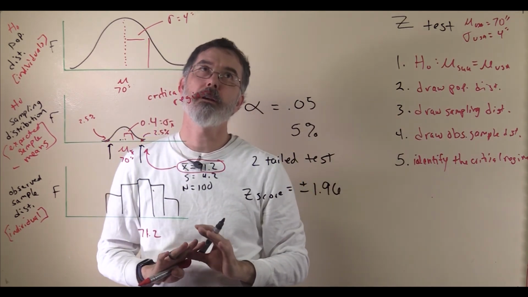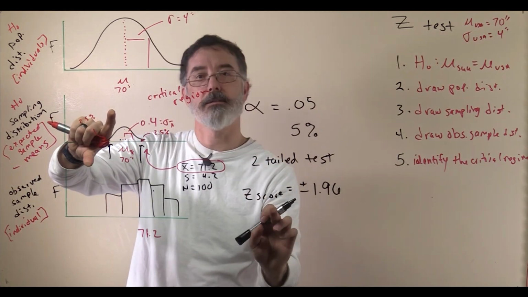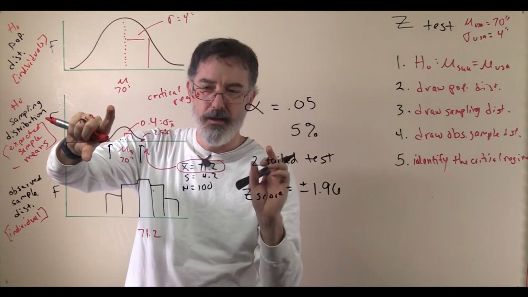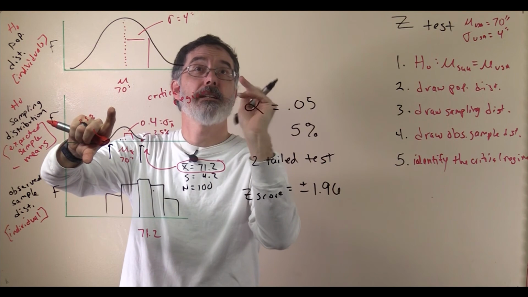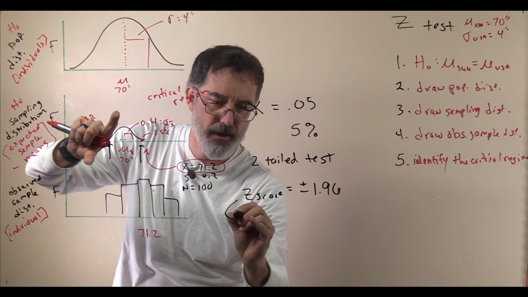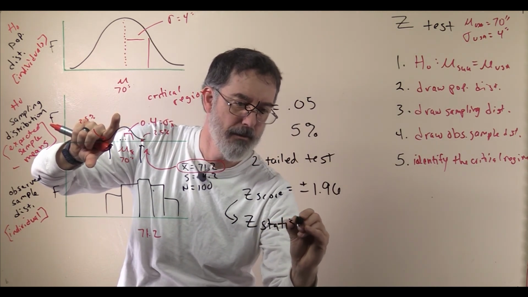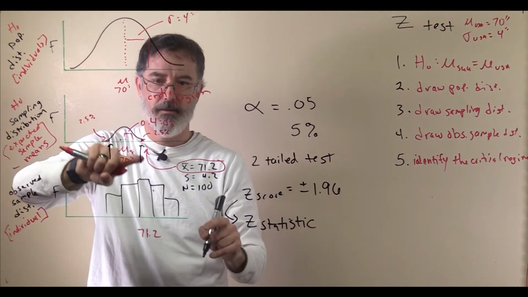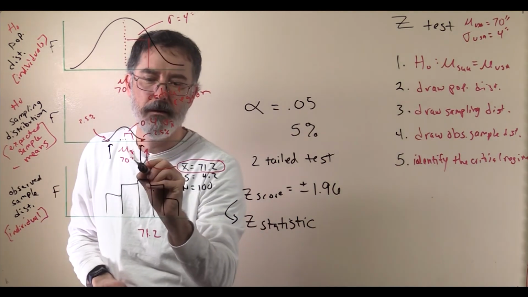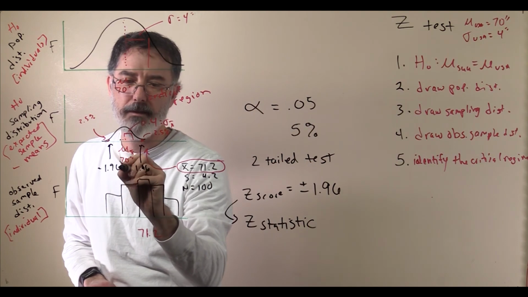When you're working with a sampling distribution, these z-scores take on special names. And for a z-test, this z-score is renamed a z-statistic. So these are the cutoffs, plus 1.96 and negative 1.96.